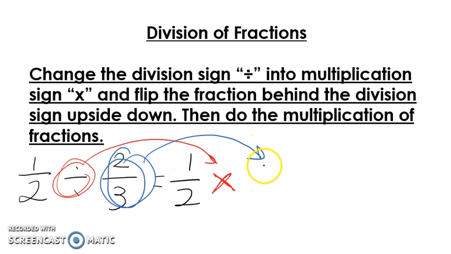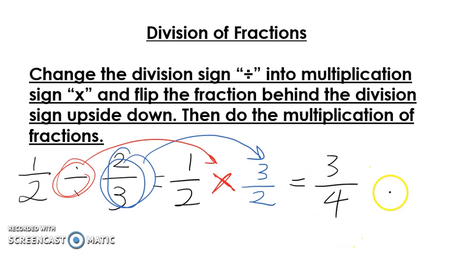So instead of 2/3, it becomes 3/2. And then do the multiplication of fractions. Top times top, 1 times 3 equals 3. Bottom times bottom, 2 times 2, which equals 4. And that is it. Please show the process, don't forget.